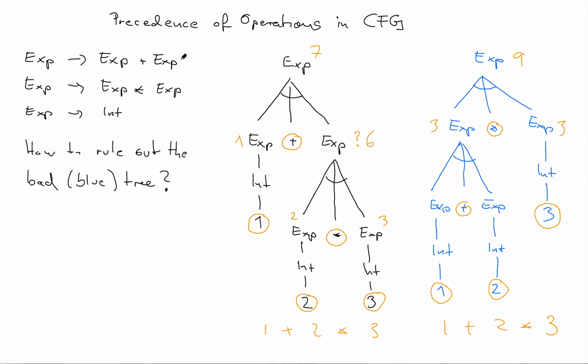We introduce levels or precedence levels by saying that I can only derive a multiplication from expression 1. So I can derive a multiplication if I have expression 1, but I cannot derive an addition from expression 1.